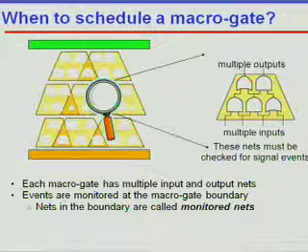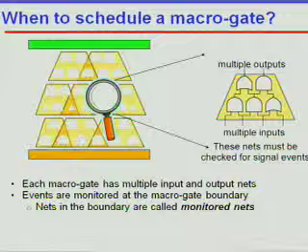The events are monitored at the macro gate boundary, and the nets on the boundary are called the monitor nets. So we will check the monitor nets to see which macro gates on that layer should be executed at each cycle.